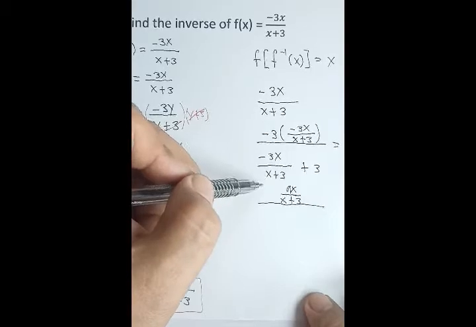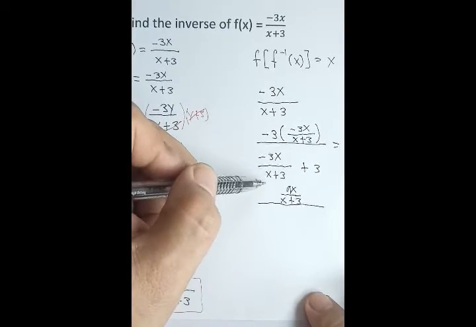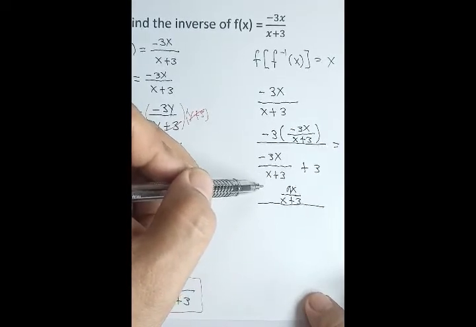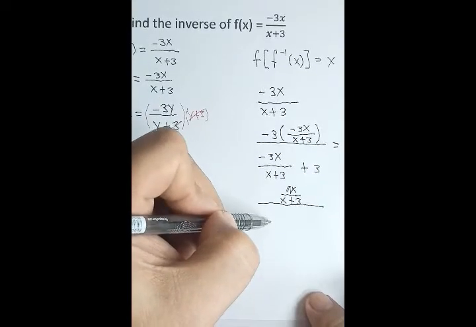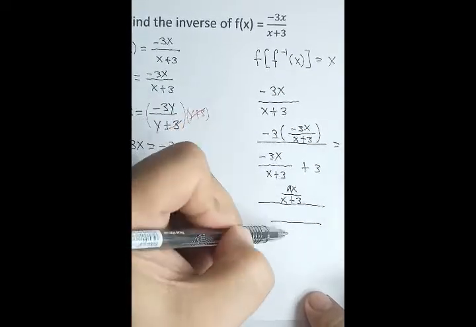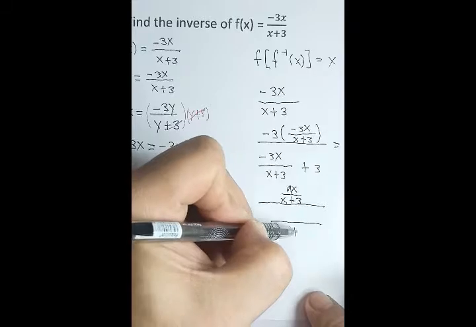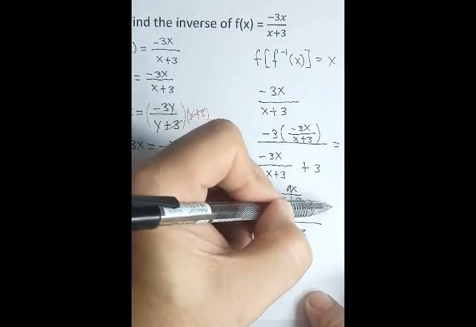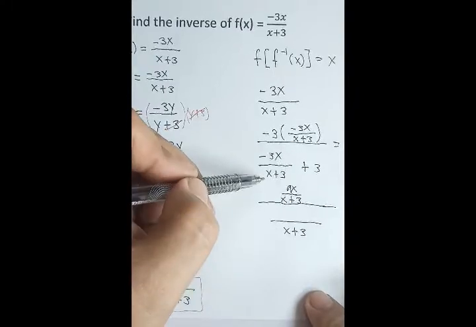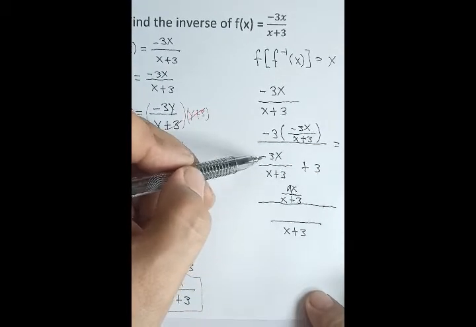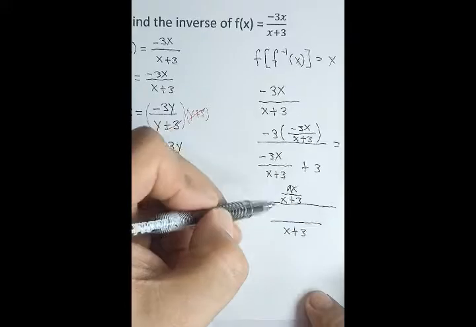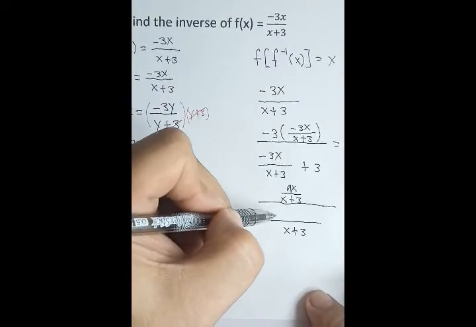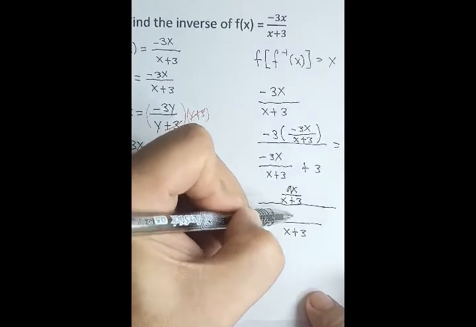Sa atong denominator, ato na siyang kuhaan og least common denominator. So we have x plus 3. So x plus 3 divided by x plus 3, so we have 1 times negative 3x, so we have negative 3x.